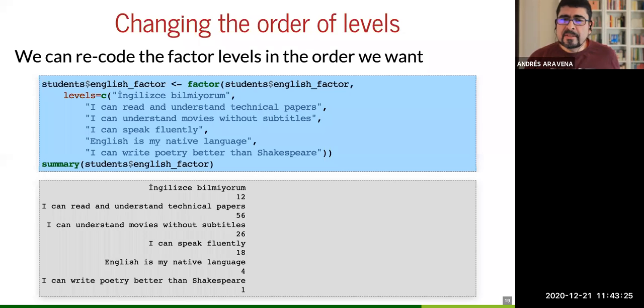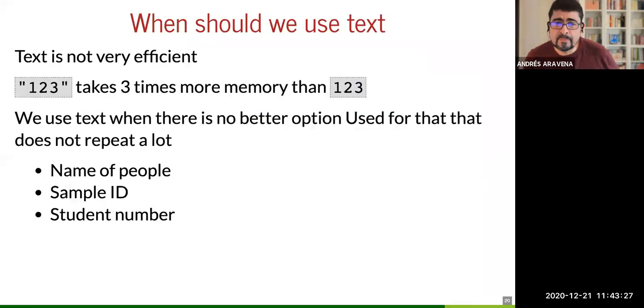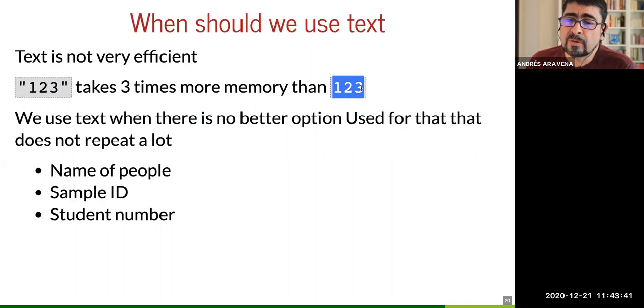And essentially the reason is that text is not very efficient in terms of memory. For example, writing 1, 2, 3 as text requires 1 byte for the first letter, 1 byte for the second, 1 byte for the third. But the number 1, 2, 3 as a number takes only 1 byte.